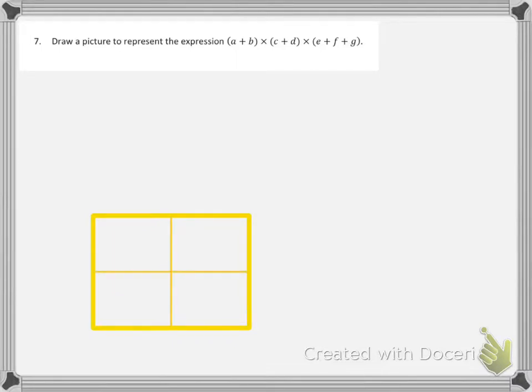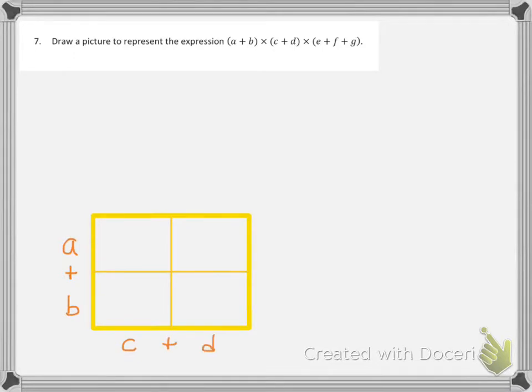That'll be good. And then let's label this. So I have got an A plus B times a C plus D. So there's my work so far. Actually, I'm going to move those to the bottom. C plus D down here, same thing.